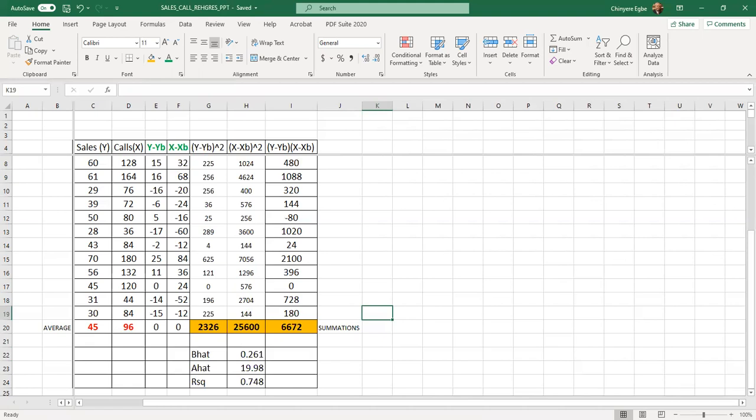Summation x minus x bar times y minus y bar is 6672, and summation x minus x bar squared is 25,600. So now you manipulate them in Excel. You can write it down and then transfer it to a formula. All right. So I'm going to stop this share and bring up the PowerPoint slide that we were working with.